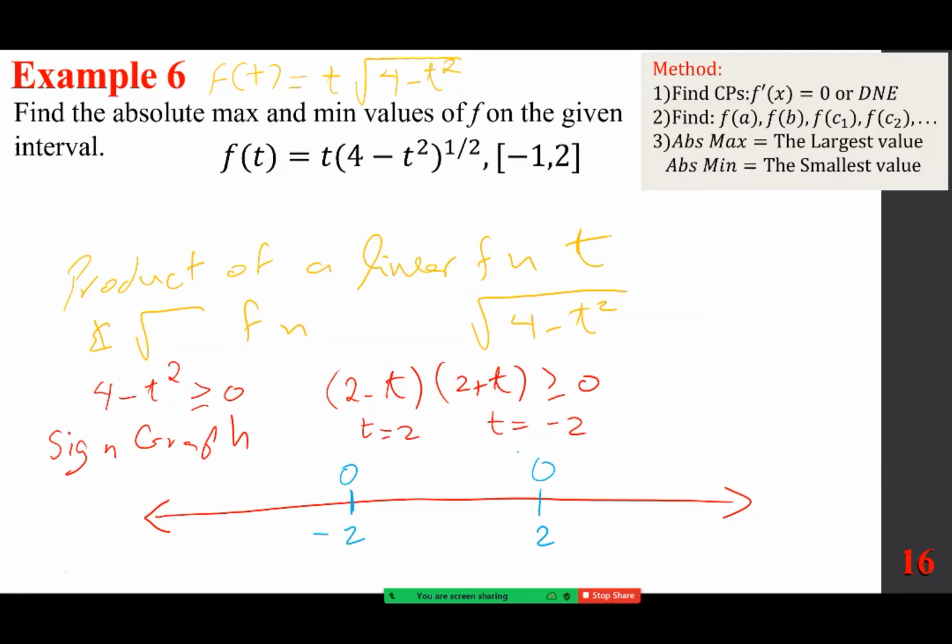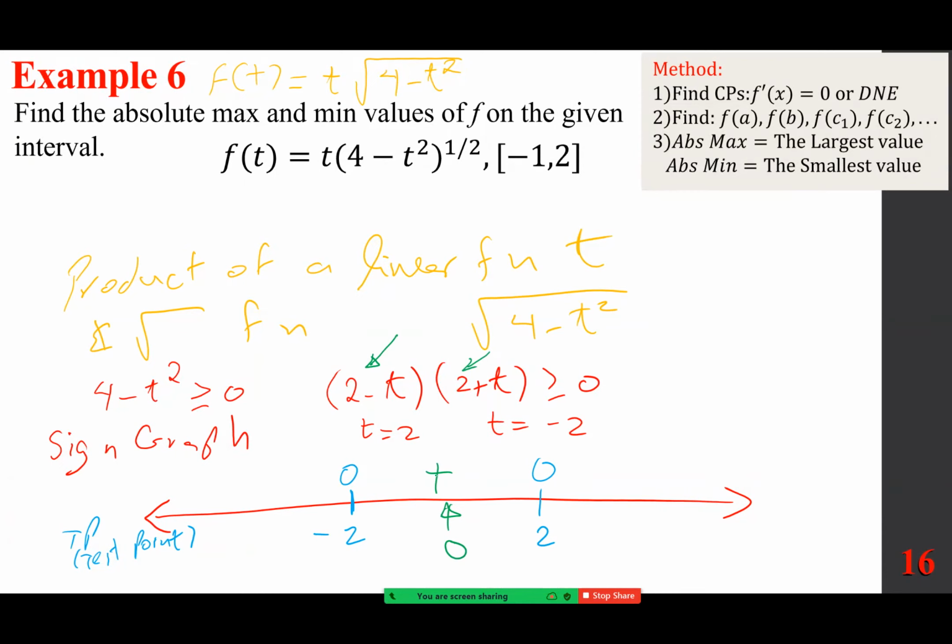So if you pick a TP, short for test point, the easiest one would be really the one in between, which would be 0. If you pick 0 and you plug it into this one, you get +2. In this one, +2. Their product is +4. We just want the sign.